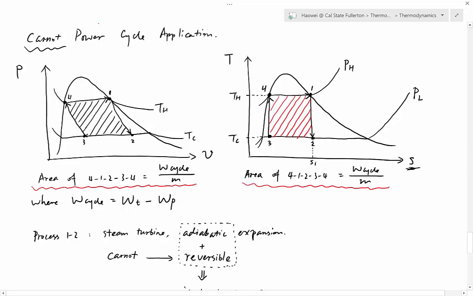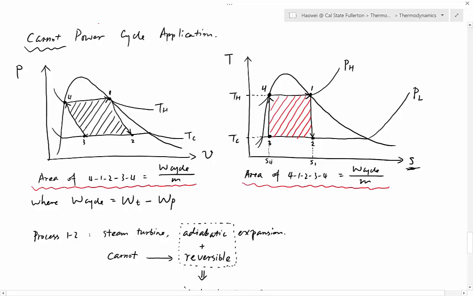Why? Because point 1 is just point G, and we can easily find SG from the table. And then the x coordinate here, we can call it S4 or S3. It's up to you. They are equal because 3 to 4 is a vertical line. But usually we prefer S4 because point 4 is F point, and we can easily find SF from the table.